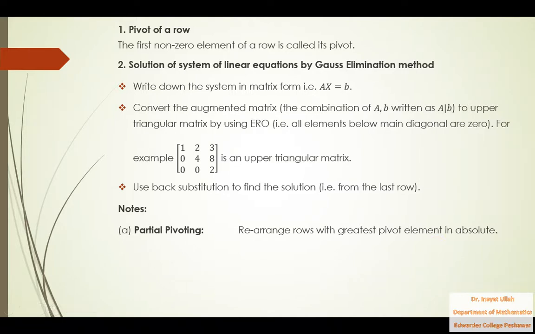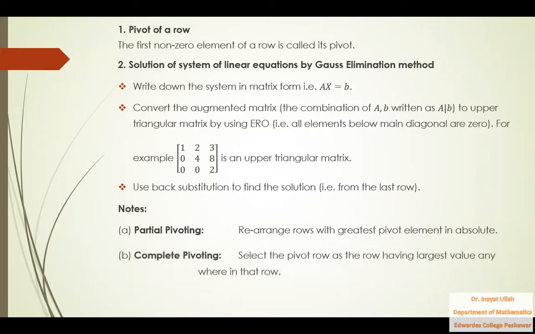Absolute means if there is a negative sign with a number but that number is large, we will ignore the negative sign and treat that number as the pivot element of that row. So that is called partial pivoting, that we will rearrange the rows with the greatest pivot element. So that is partial pivoting.